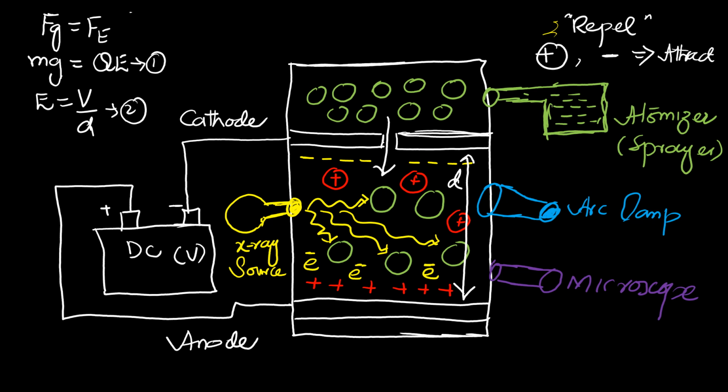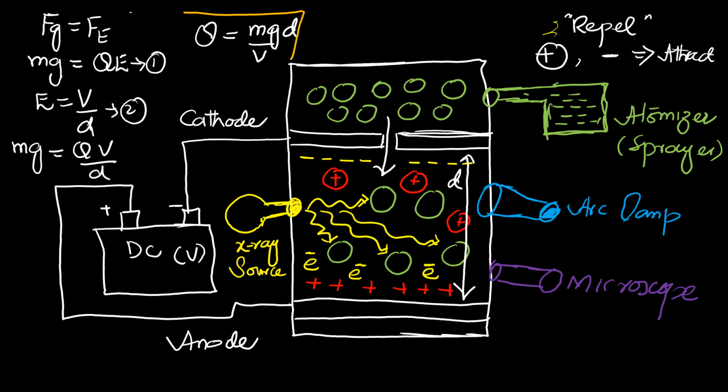Incorporate equation 2 in equation 1. We will get mg is equal to q into V by d, so Q will be equal to mgd divided by V. Now, dear student, it is obvious from this equation that m is the mass of the ion, and g is the gravitational acceleration.